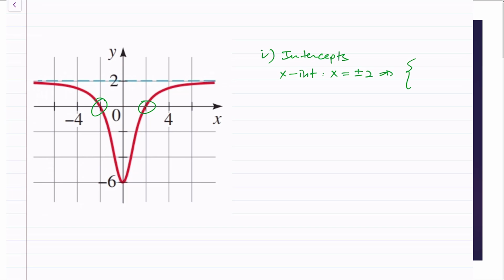That would be -2, 0 and 2, 0. And as far as the y-intercept is concerned, you can see that it's at -6. If you had to list it as an ordered pair, it's 0, -6, right?